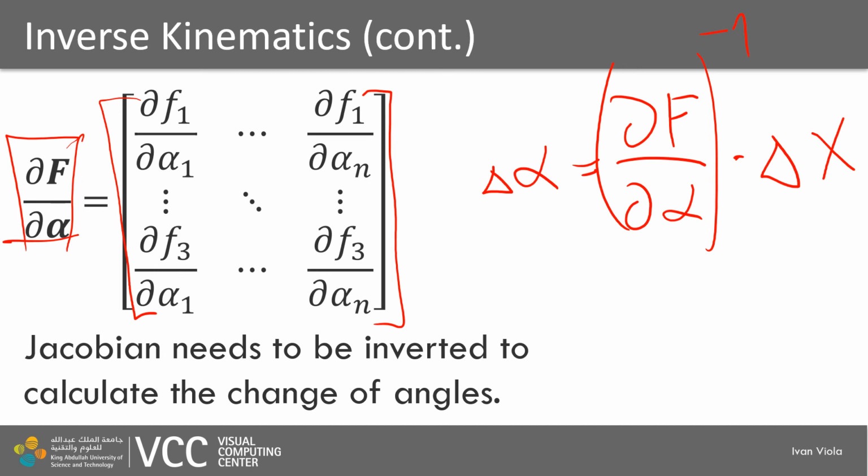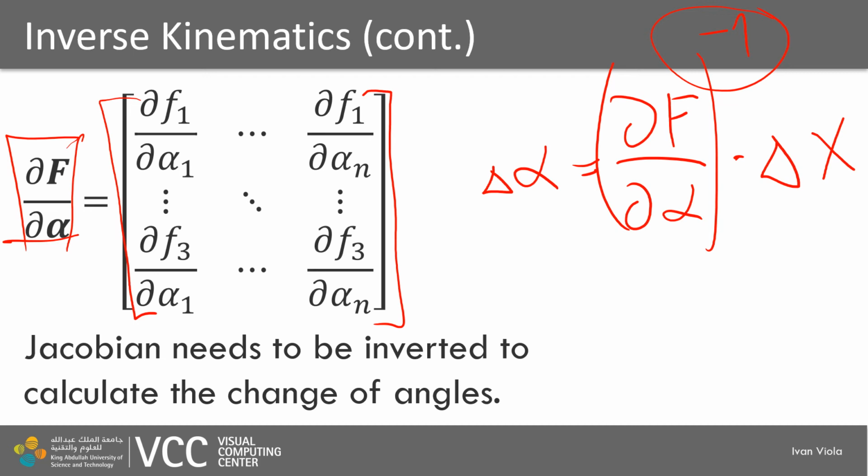And once we have this inverse, then we can compute it. As I said, the inverse is problematic because in cases where we have more joints than spatial axes, we will have a non-invertible matrix.